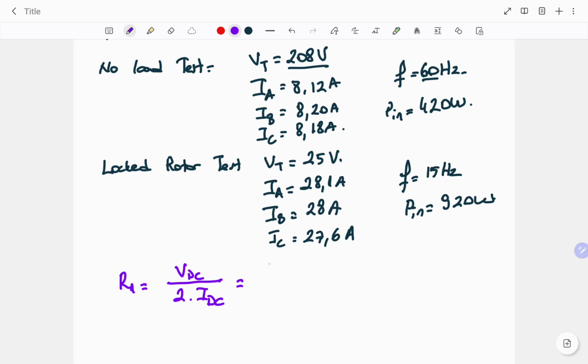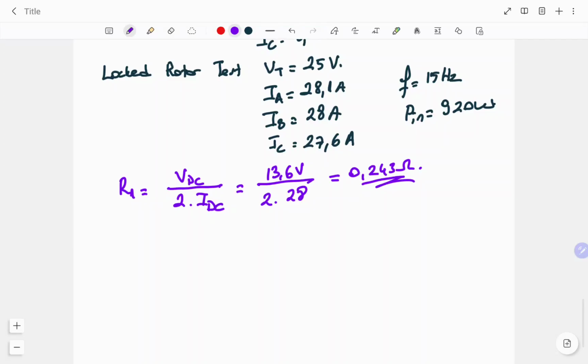So from here, according to given values, 13.6 volt divided by 2 times 28, 0.243 ohms. This R1 can also be neglected during the calculations because of its small value. But it can be determined as 0.243 from the DC test.